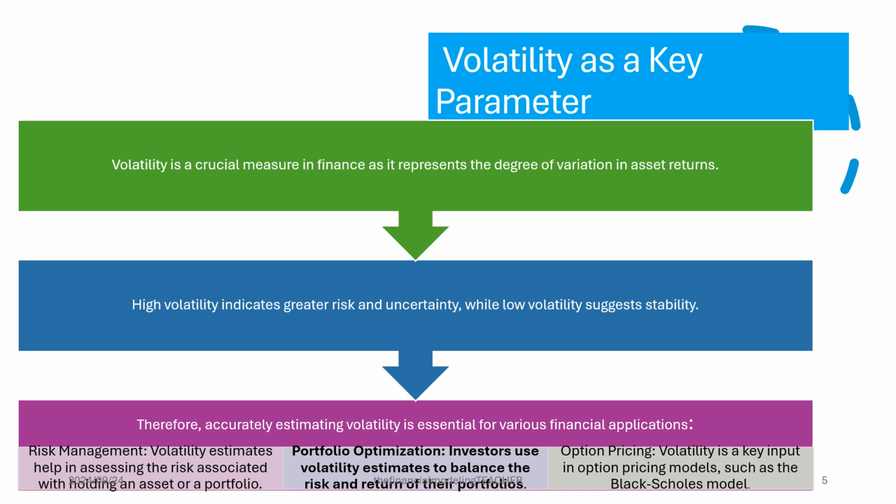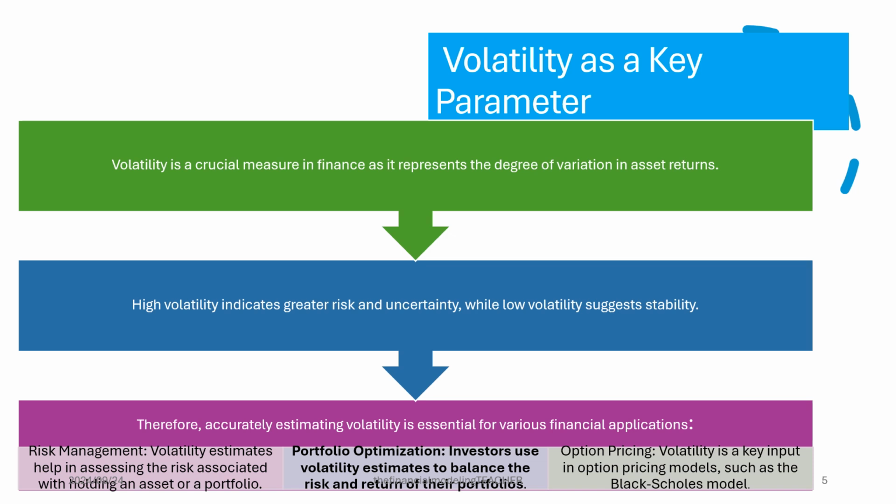Now, volatility as a key parameter. We know that volatility is unseen. We might have a set of inputs by way of returns, time, interest rate, and all the others. But volatility has to be calculated or implied from some price.